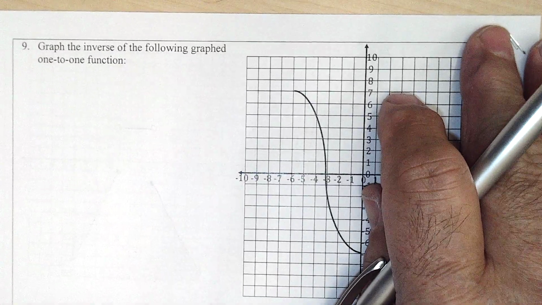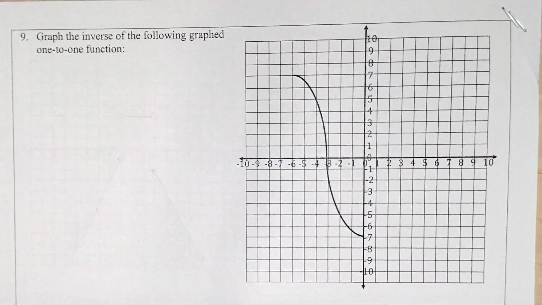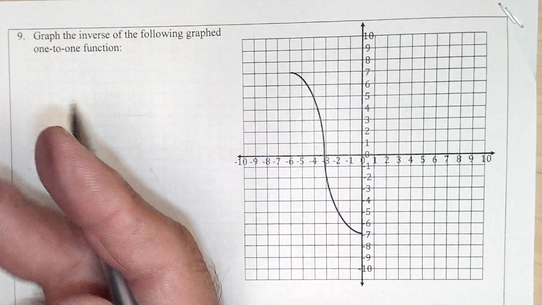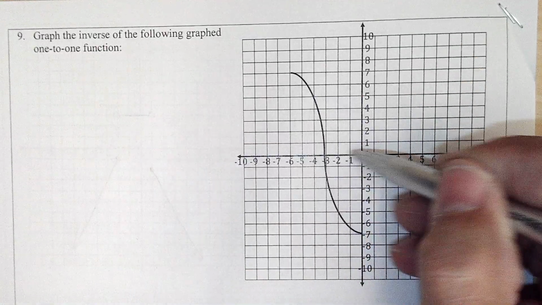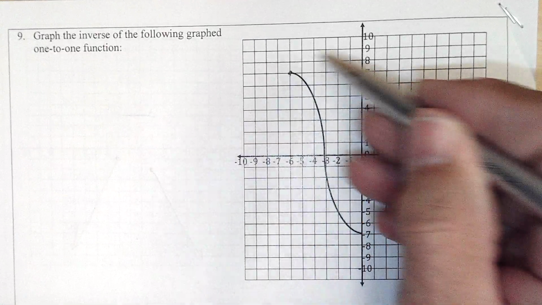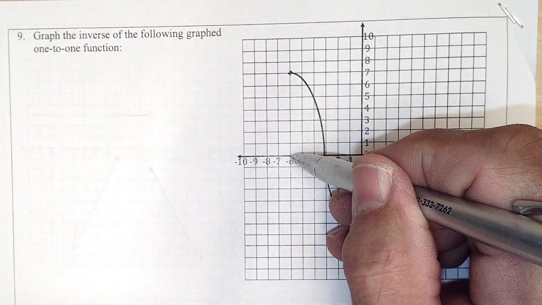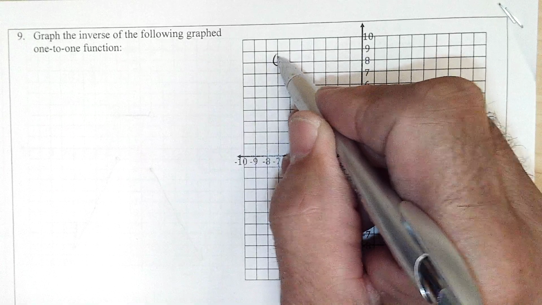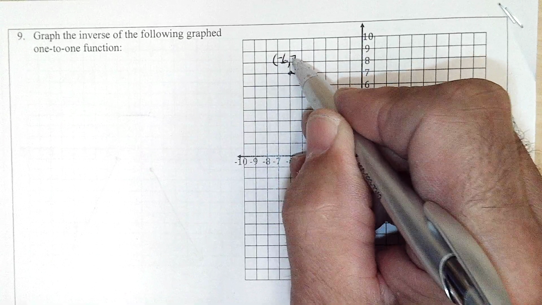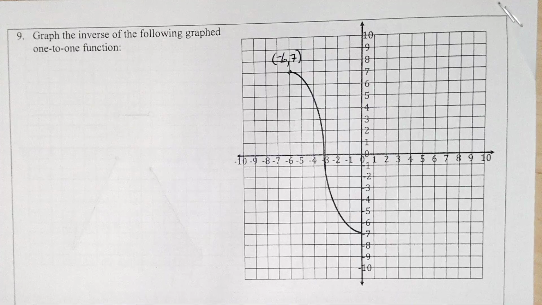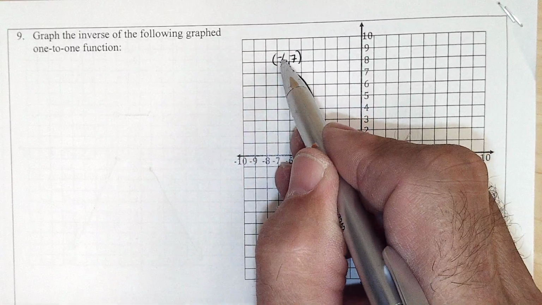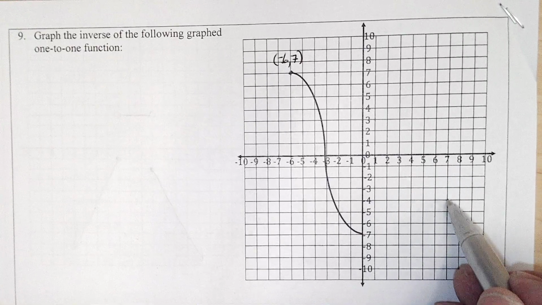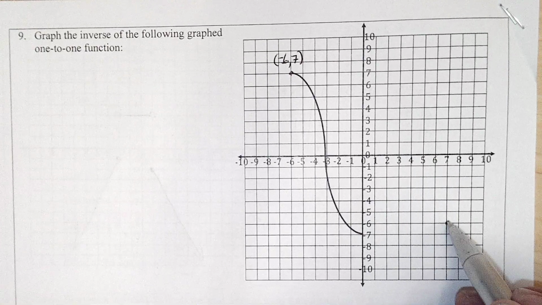Okay. If I'm going to graph an inverse, it switches the x and y coordinates. So this coordinate is -6, 7. So on the inverse, it would be 7, -6.